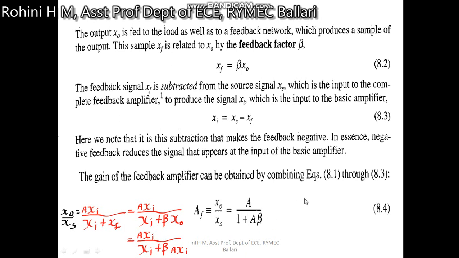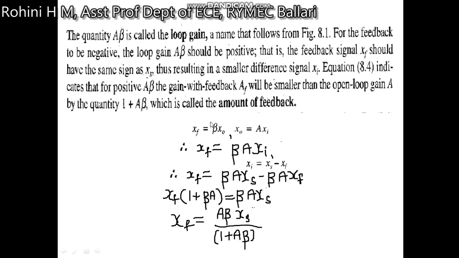If the value is 10 divided by 2, the value is 5. Like that, if the gain is 10, then the AF value is divided by some factor, which means AF will always be less than the gain A. This 1 plus A beta is also called the amount of feedback.